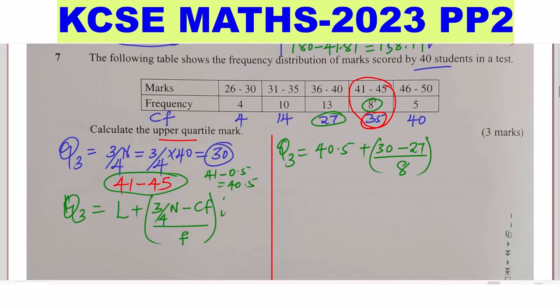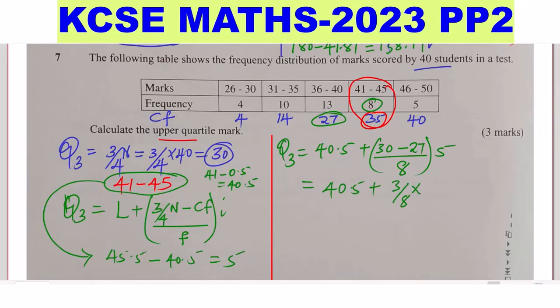Then I is the class size, or the class width. How do we get that? We simply take the upper class boundary, which is 45.5, minus the lower class boundary, which is 40.5, and that gives 5. So this is what is going to give us the upper quartile mark. We have 40.5 plus 3/8 multiplied by 5.